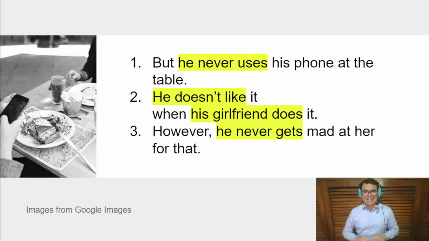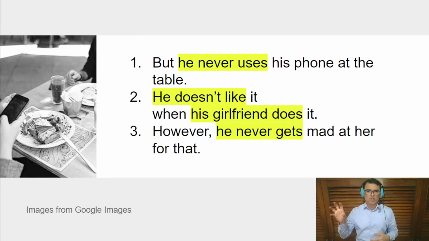Number two, he doesn't like it when his girlfriend does it. Negative, subject he, auxiliary doesn't, like the verb in base form. Next, his girlfriend does it. Here we're using does as an auxiliary so that we don't repeat the verb use her phone, right? Or uses her phone, right?